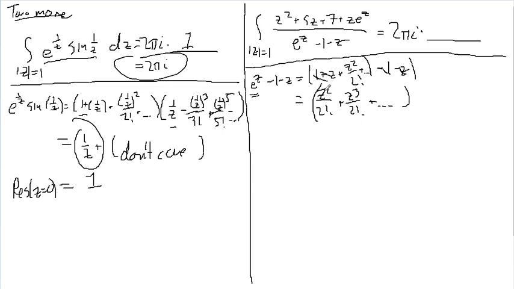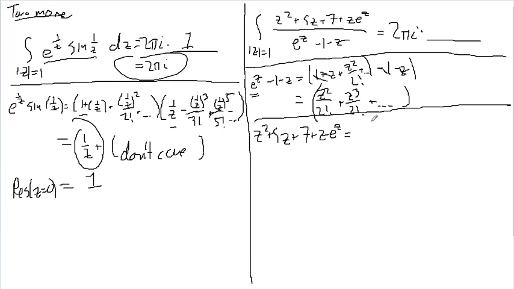Okay, well, this is going to have a pole of order 2, or a 0 of order 2 on the bottom. So I have a little bit of a problem here because I can't just use a simple formula. But what I can do is I can write the top as a power series.